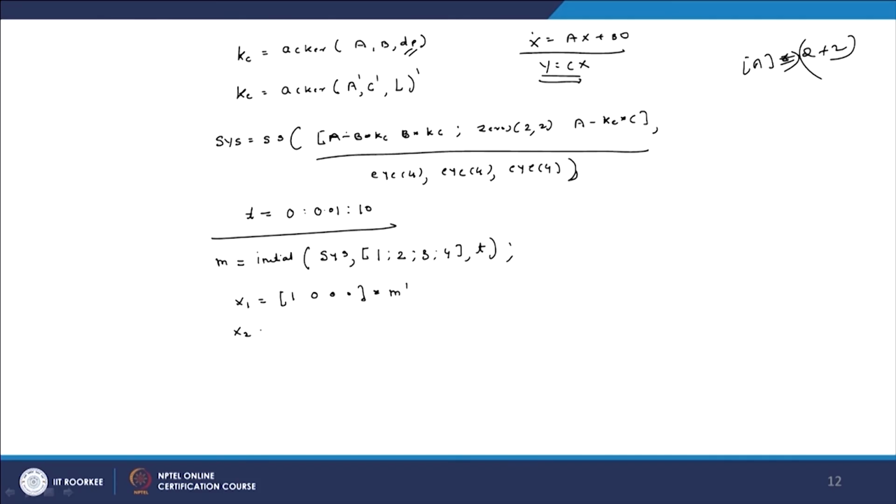Now, if you write x2 0 1 0 0, this gives the response of state x2, and then error e1 equal to 0 0 1 0, m dash, that is the response because of the error e1, then e2 is 0 0 0 1, m dash, this is the response of the error e2. So, all the 4 responses x1, x2, e1, e2 we have shown.